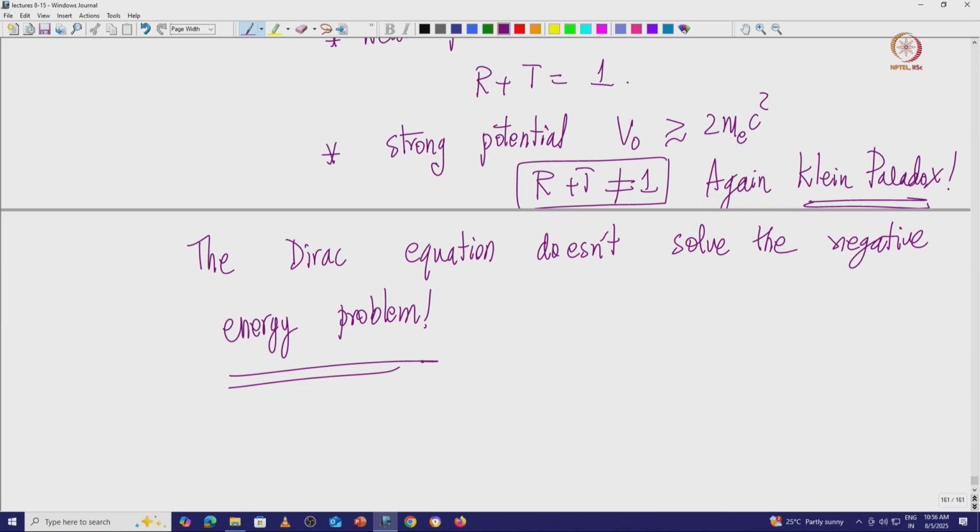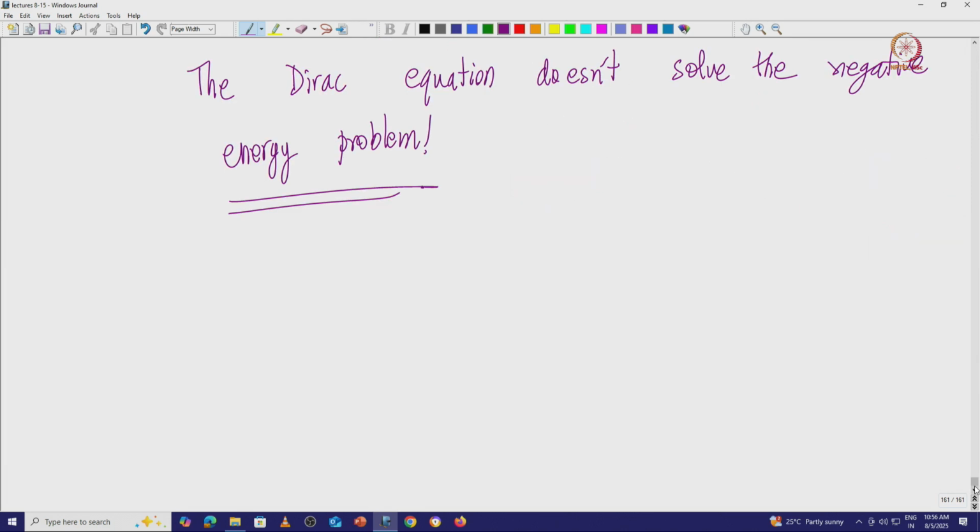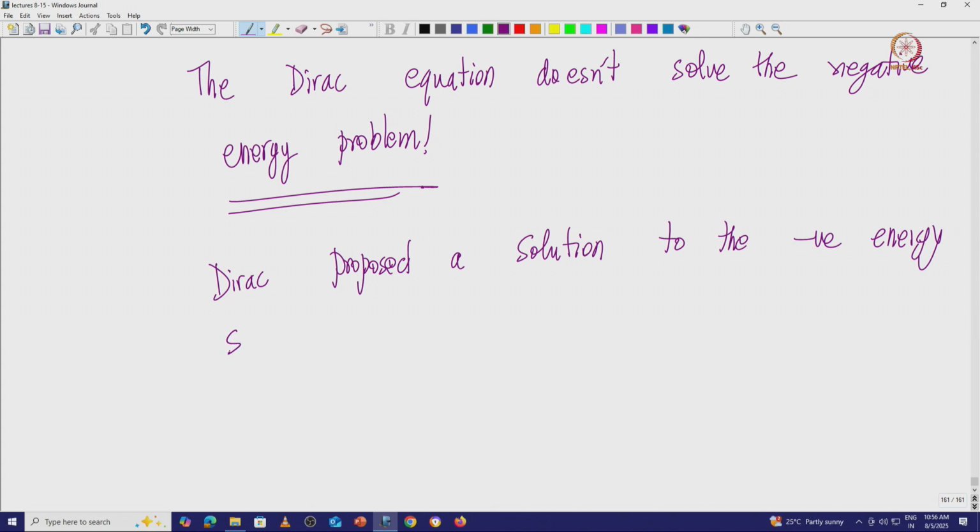Now, Dirac proposed a solution to the negative energy states.